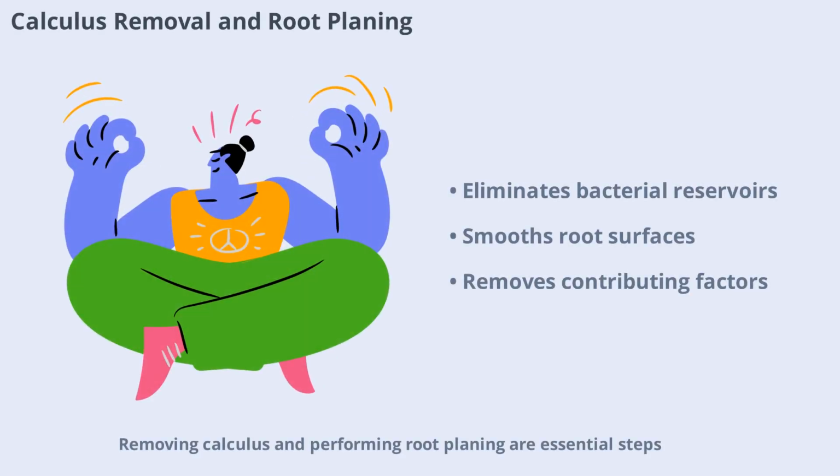Removing calculus and performing root planing are essential steps in eliminating the bacterial reservoirs that drive periodontal disease. These procedures smooth the root surfaces, making it harder for plaque to accumulate and easier for the gums to heal. This phase also includes the removal of any synthetic or irrational factors that may be contributing to the disease process.